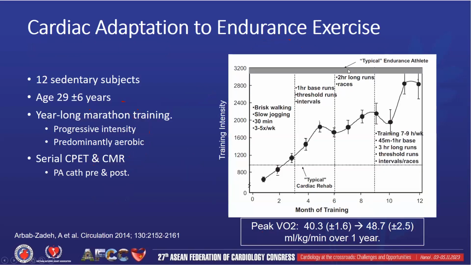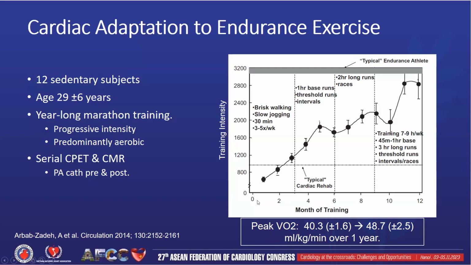This is perhaps the best example of the cardiac remodeling process. And this is work by Ben Levine down at UT Southwestern, in which he took 12 sedentary subjects, ages 29, and had them go from sedentary to training for a marathon over the course of 1 year. There's a progressive intensity. The types of activity that they did were predominantly aerobic.